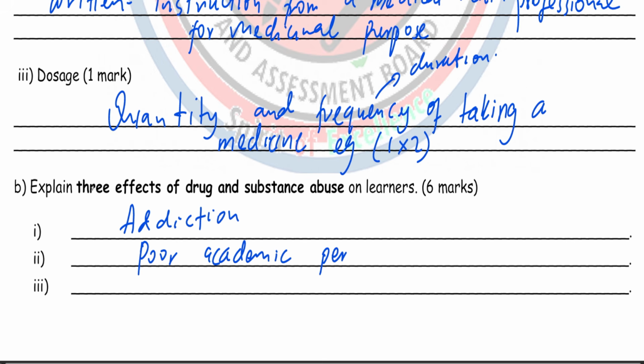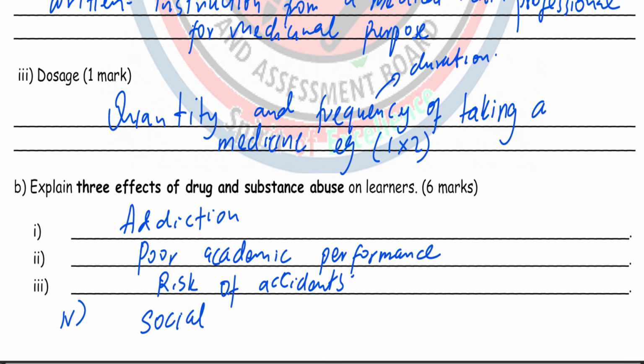Sometimes you can get high, you take bhang, but you find you're not in this world, you're somewhere else, maybe abroad. There's the risk of accidents, especially when you're taking alcohol while driving. And there are many more. There are also social problems between the husband and the wife, leading to divorces.